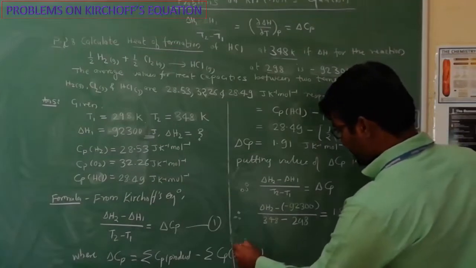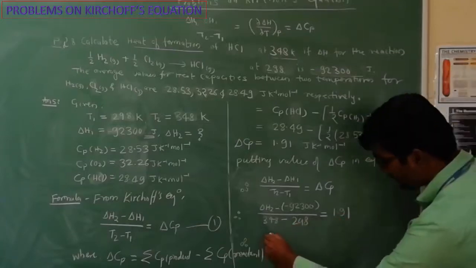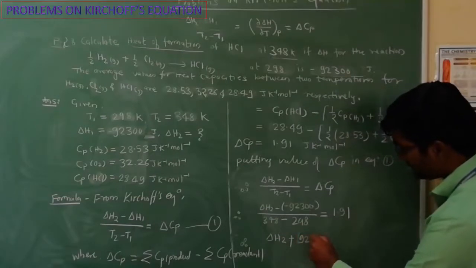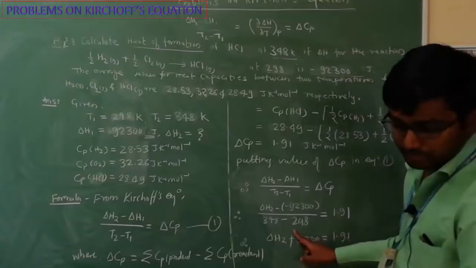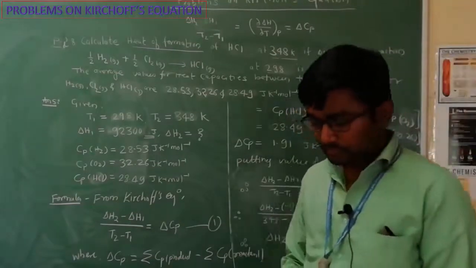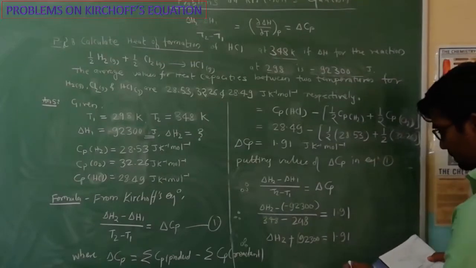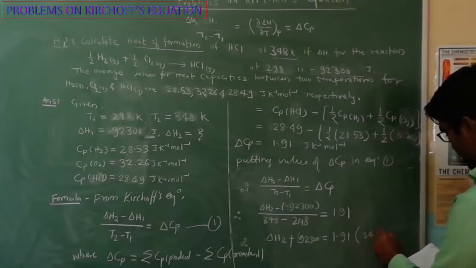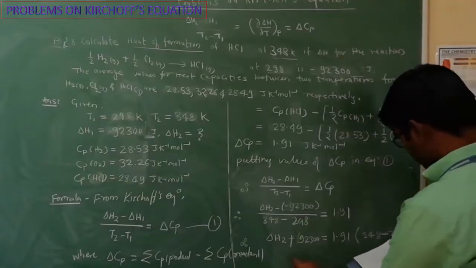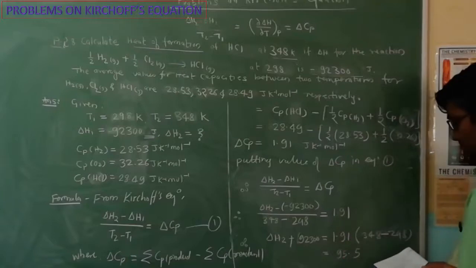Now, let us simplify this. Subtract this and multiply 1.91 by this denominator, then we get delta H2 plus 92,300, which is equal to 1.91 times the subtraction 348 minus 298, and this value appears to be 95.5.